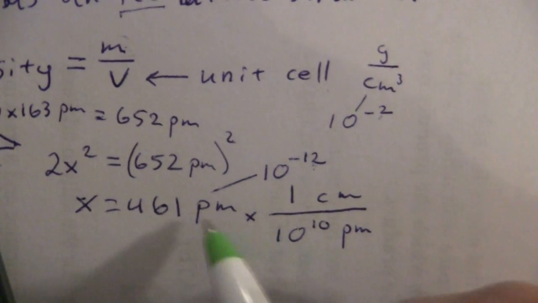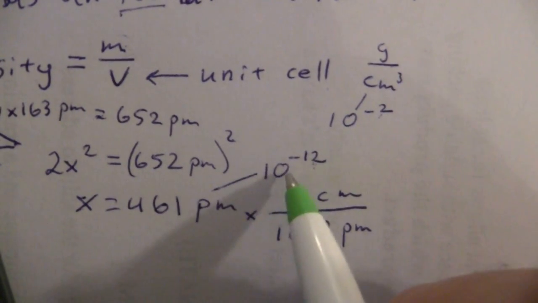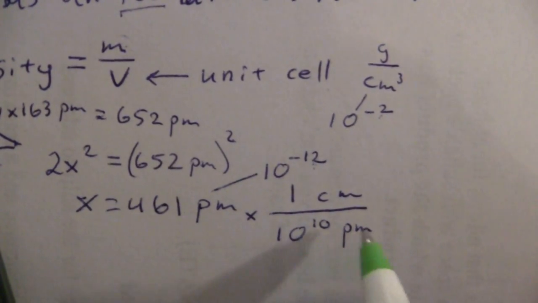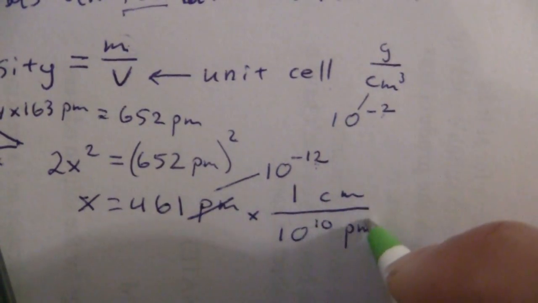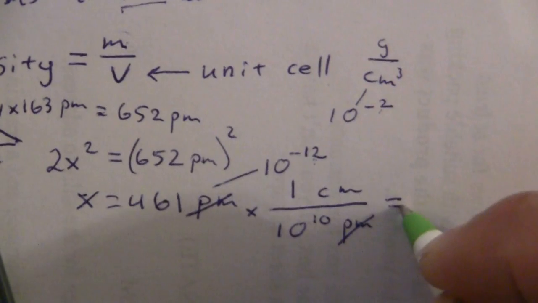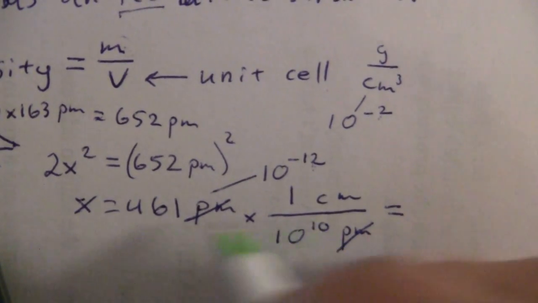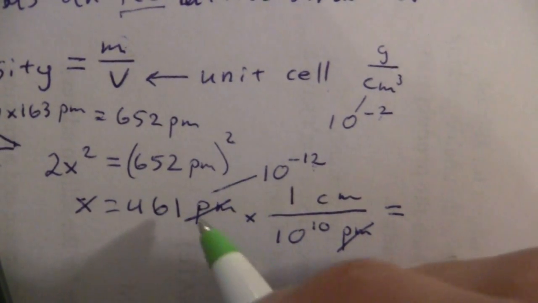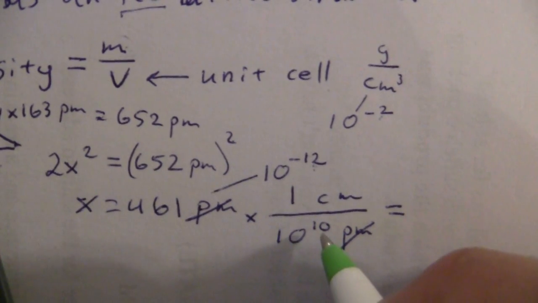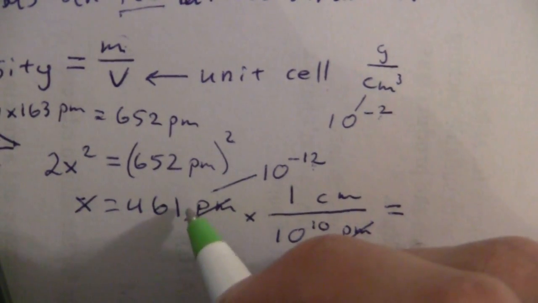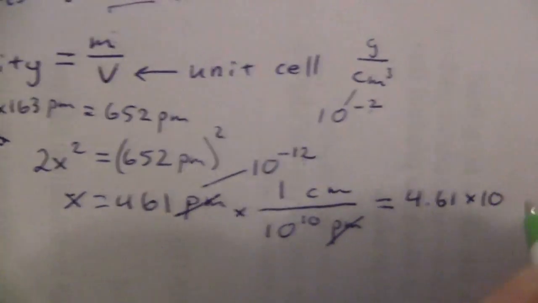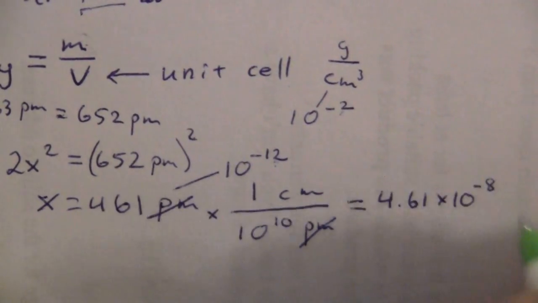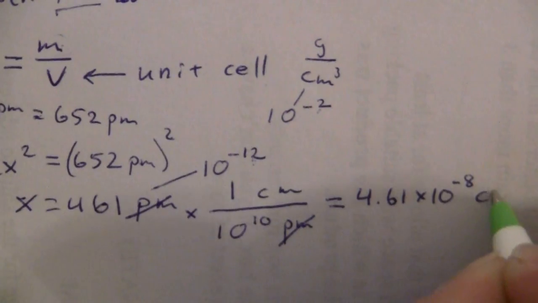Remember that the picometer is the smaller one, so there will be a large number of picometers in the centimeter. If we do this, the picometers will cancel, and we'll have 461 times 10 to the negative 10th, or in proper notation, 4.61 times 10 to the minus 8th centimeters.